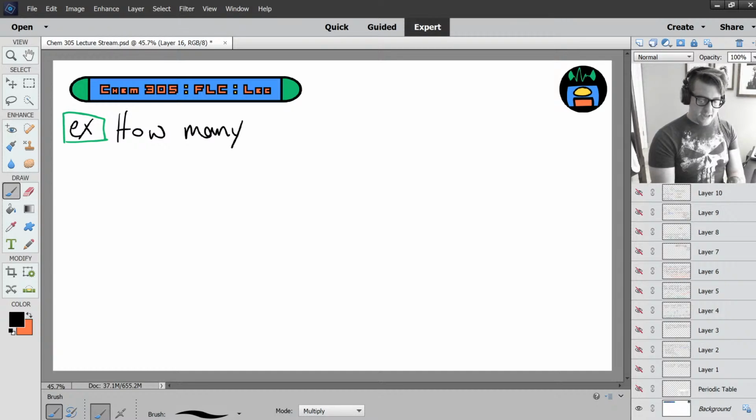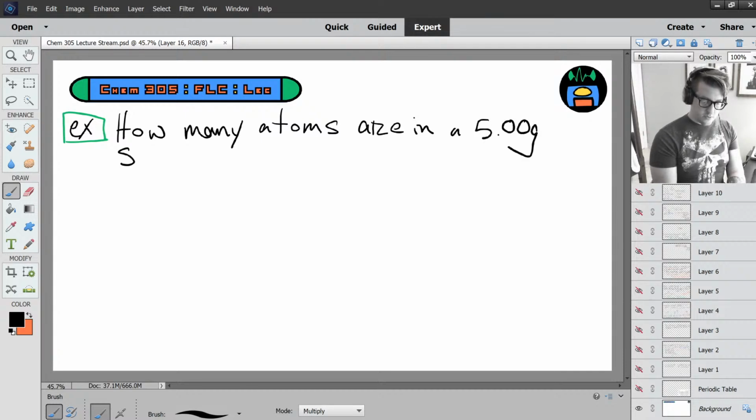How many atoms are in a 5.00 gram sample of carbon?